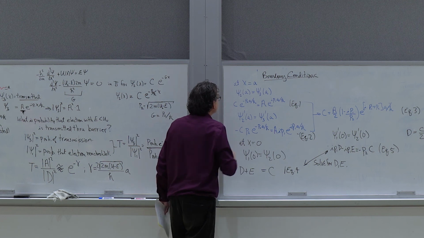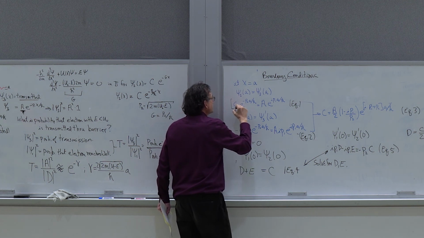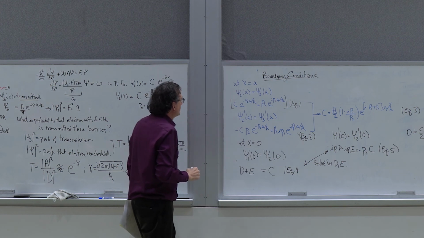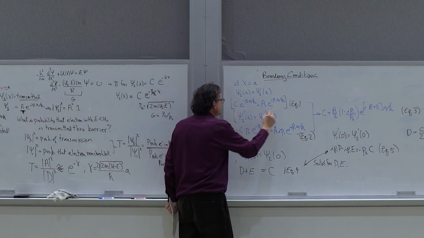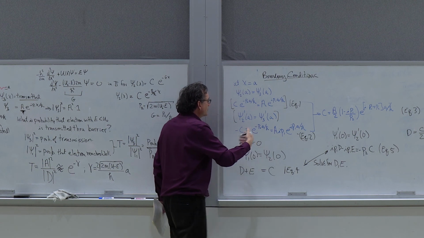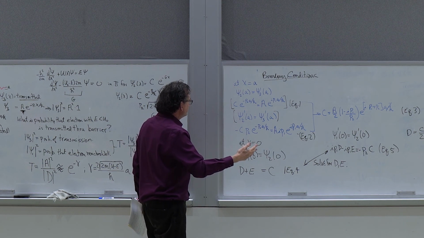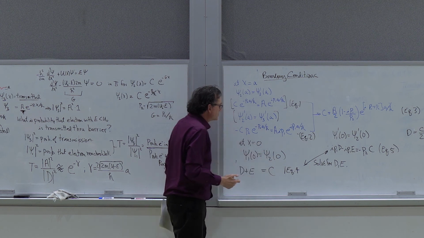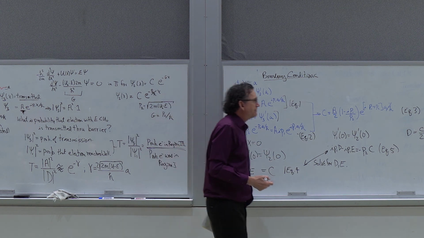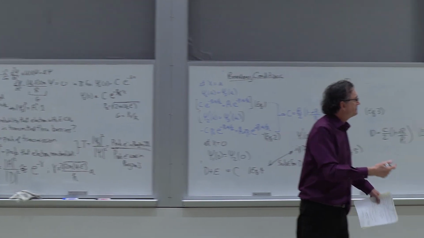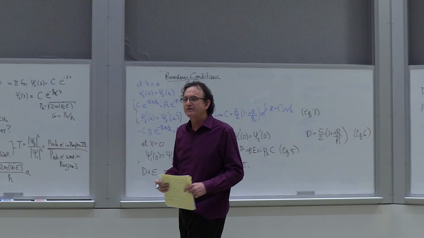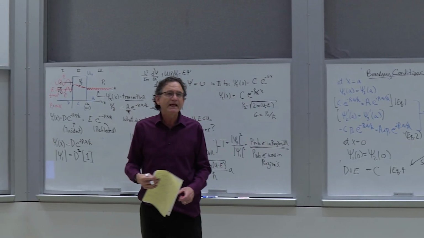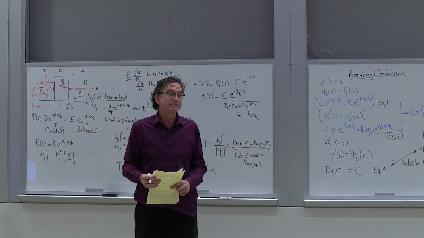The boundary conditions are that the wave function has to be continuous across any given point. The derivative of the wave function has to be continuous. And of course, the same has to be true at the other boundaries as well. So, this is how you calculate a transmission through a classically forbidden region. Right? And I think you now have all the equations you need.